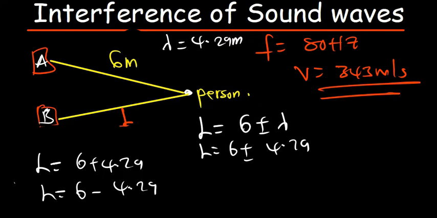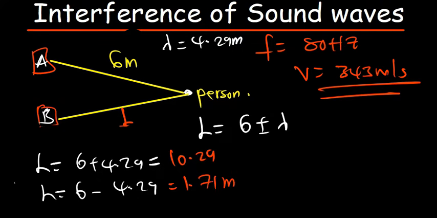Okay? Meaning my answer will be, for a constructive interference to occur, L must be 6 plus 4.29, which is 10.29, or L should be 6 minus 4.29, which is 1.71 meters.